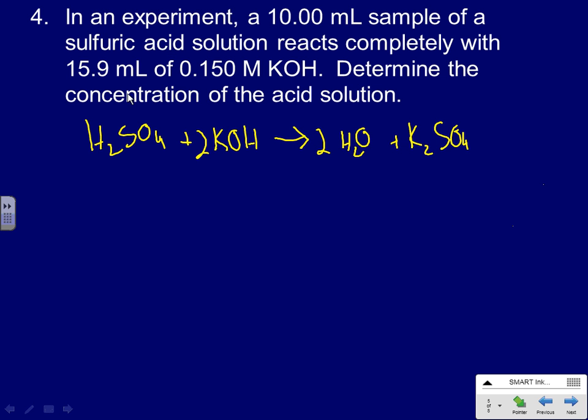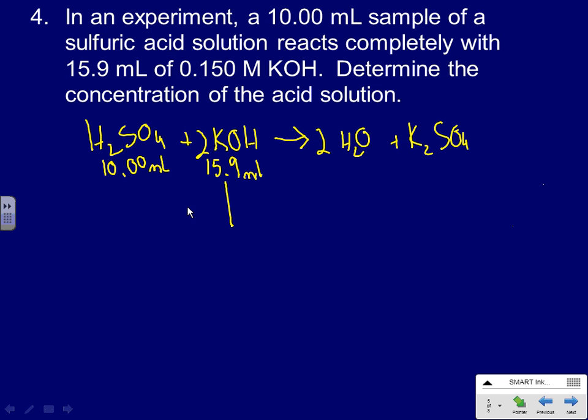And let's write the information down. I have 10.00 milliliters of the H2SO4, and I have 15.9 milliliters of the KOH, and I also know the conversion factor of the KOH.